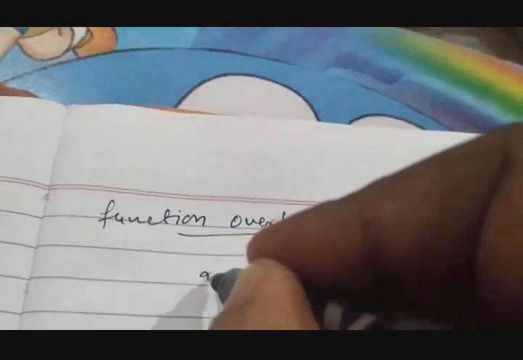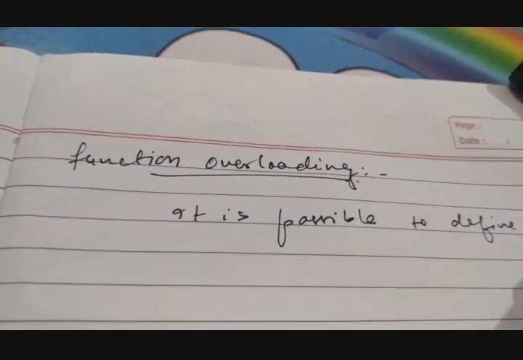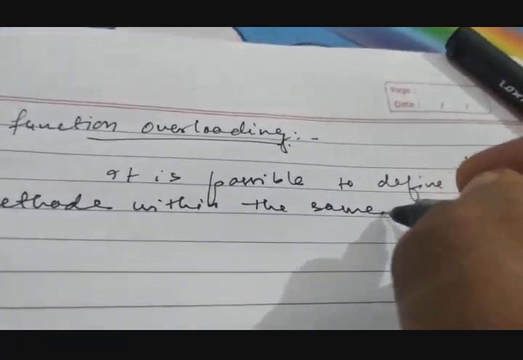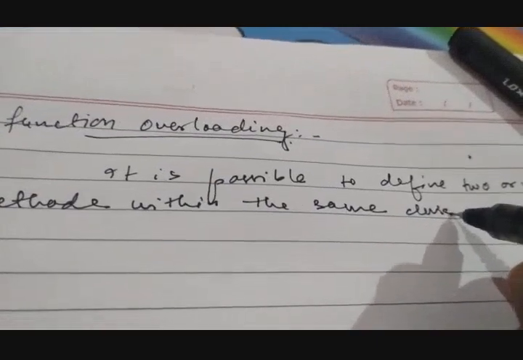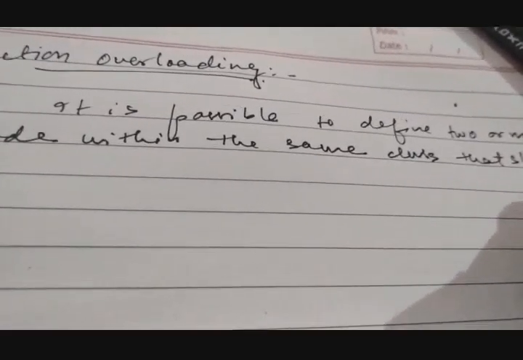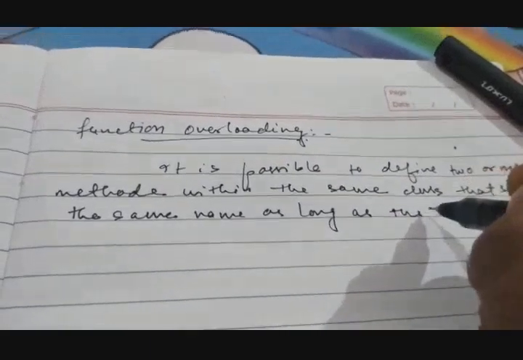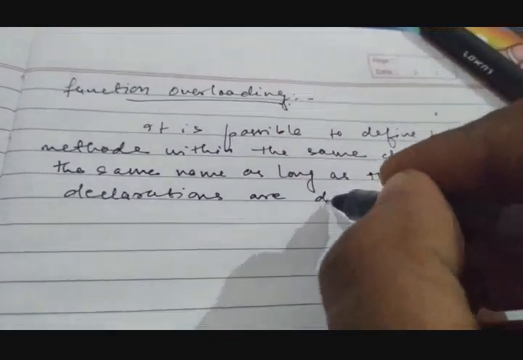In function overloading, it is possible to define two or more methods within the same class that share the same name, as long as their parameter declarations are different.